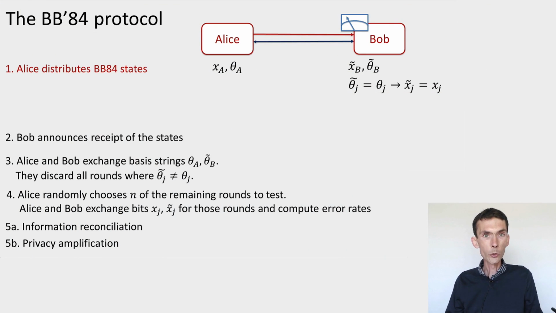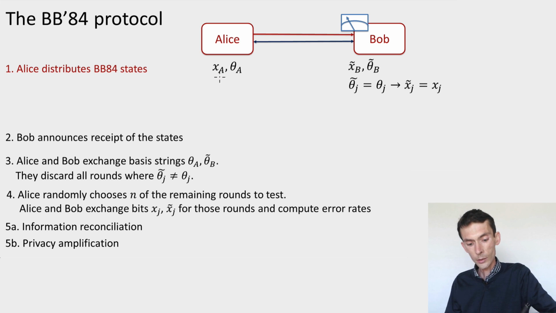So let's first look back at the BB84 protocol. Here's a summary of what the protocol looks like. You have Alice and Bob interacting. The step that we're going to focus on is the first step of the protocol, which dictates that Alice should prepare BB84 states in random bases indicated by the string theta and send those BB84 states over to Bob.